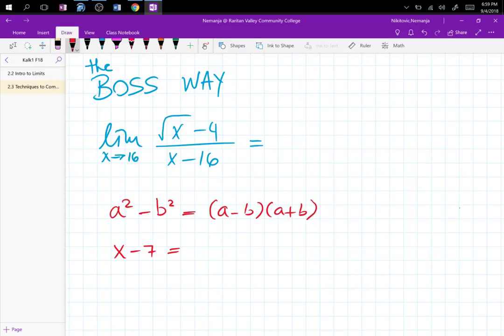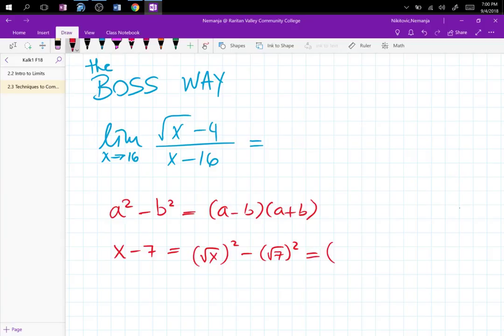Can I factor x minus 7? Yes. I can write it as square root of x squared minus square root of 7 squared.